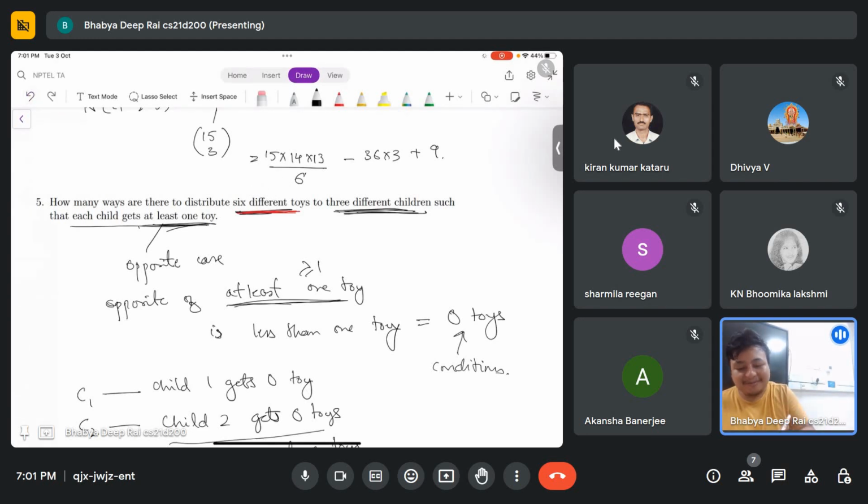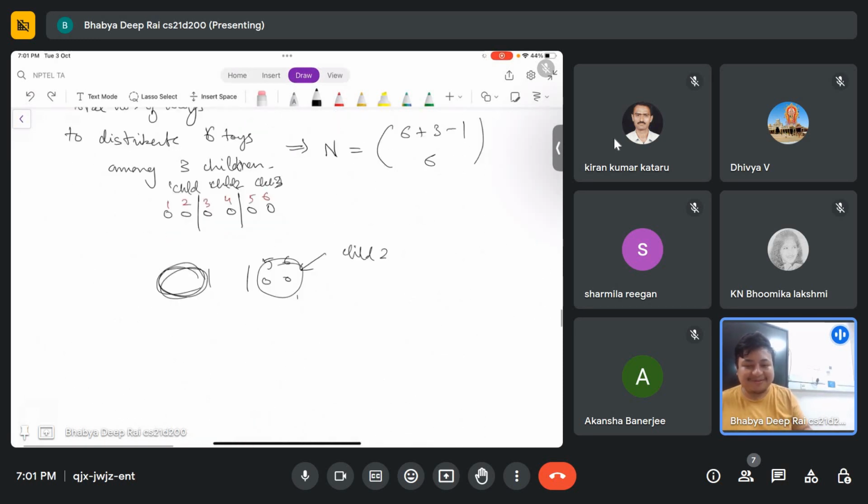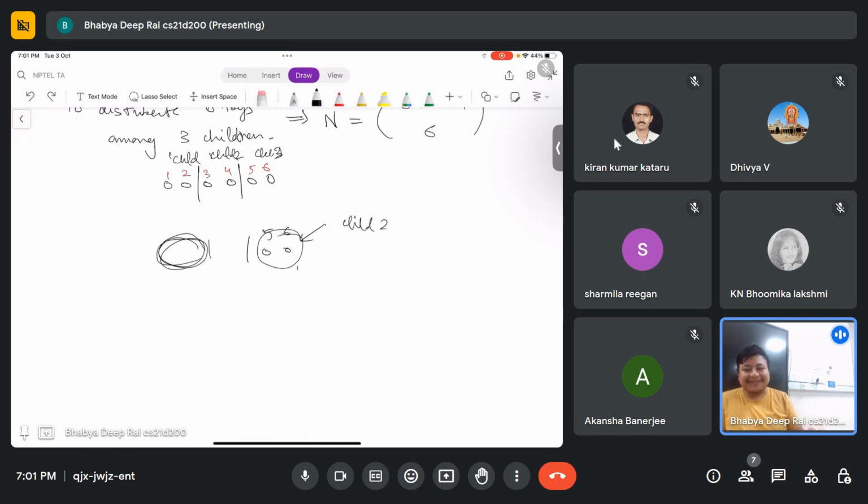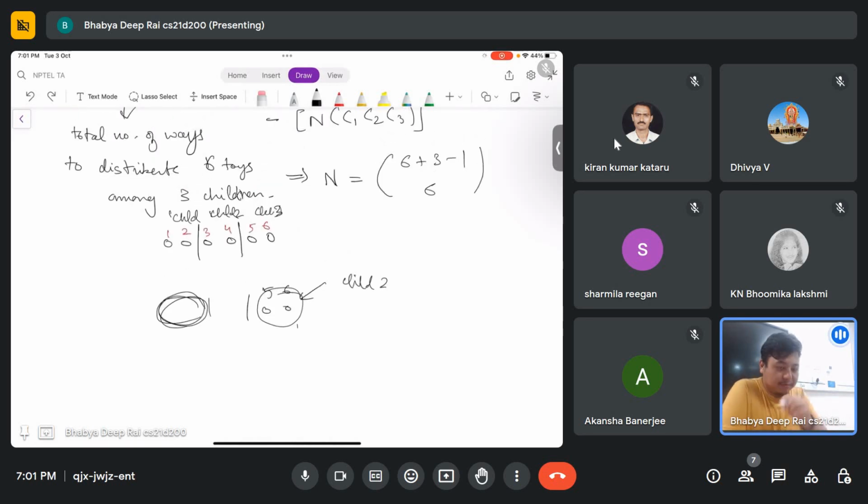In fact, I am glad that you pointed this out, because I was about to ask the same thing. Why can't we use sticks and stones in this case? But good. Okay, so identical. So this causes a problem. So sticks and stones will not give us the correct answer.